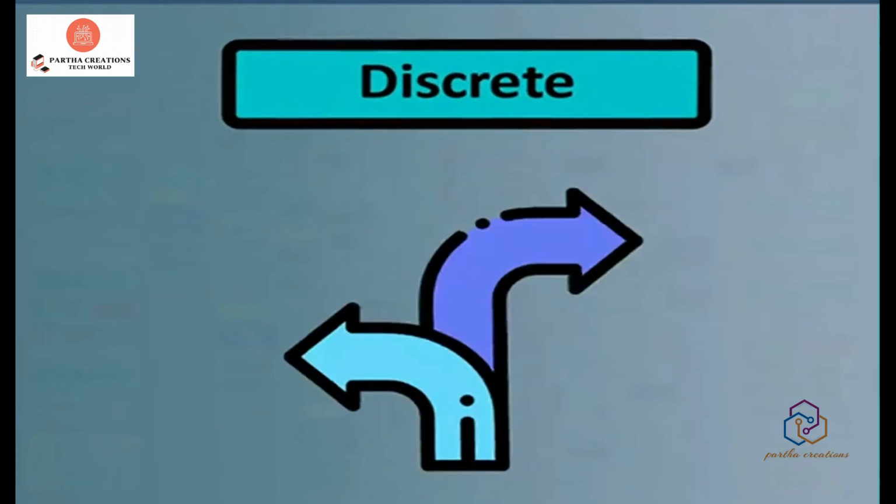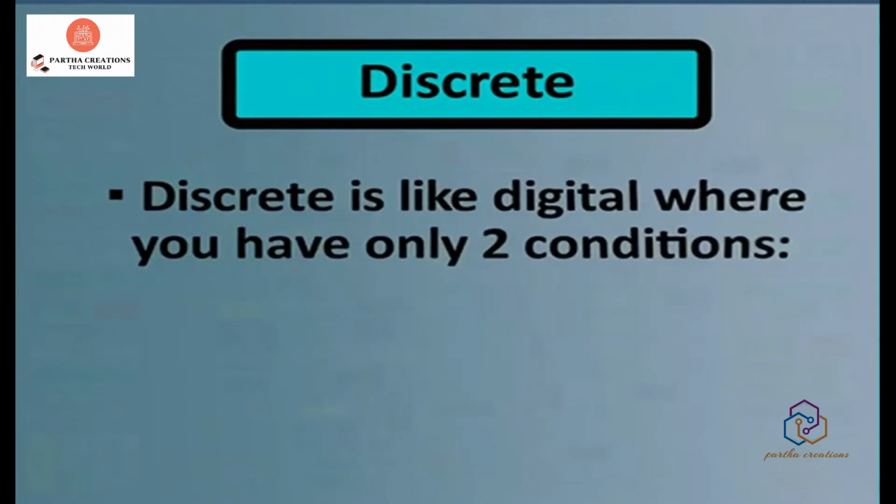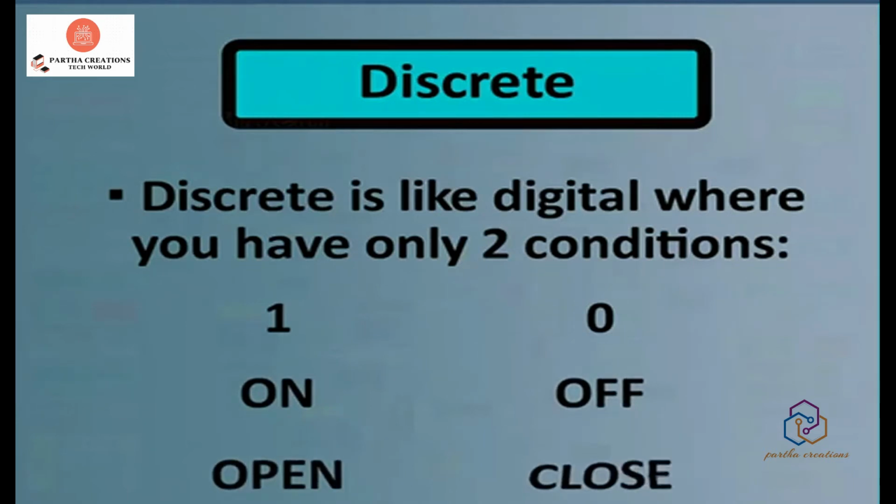So what is the difference between these types? Discrete is like digital, where you have only two conditions, either 1 or 0. Just two conditions, either on or off, either open or close.